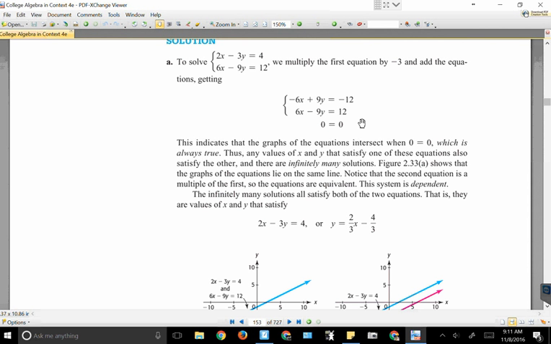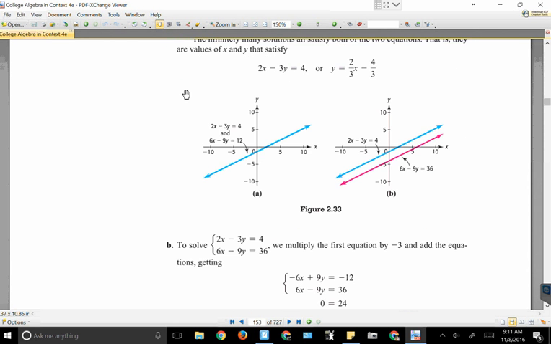When this happens, this is going to be an infinite number of solutions. It's always going to be true. Now, obviously, if I got an x equal to something or a y equal to something, then I've got one solution. But if you work this out and you get the same number on both sides, always true, infinite number of solutions.